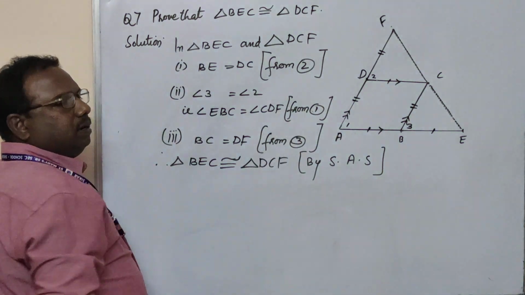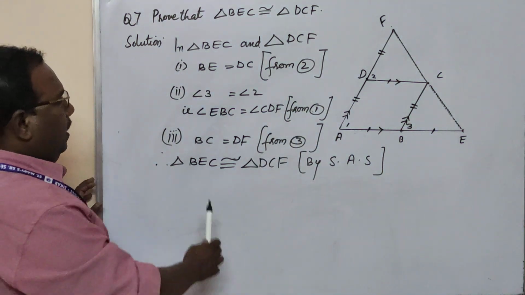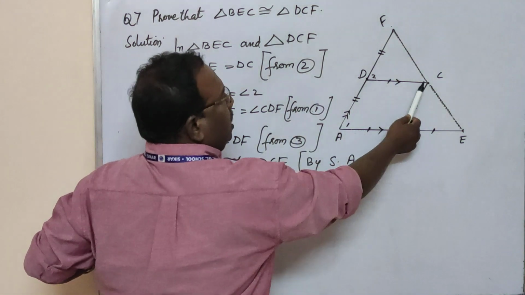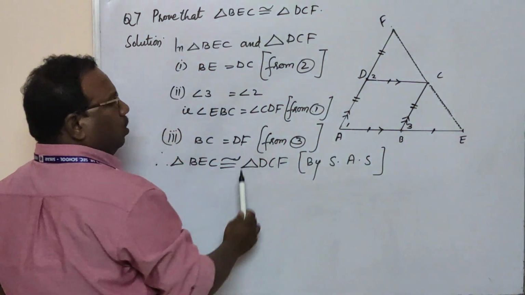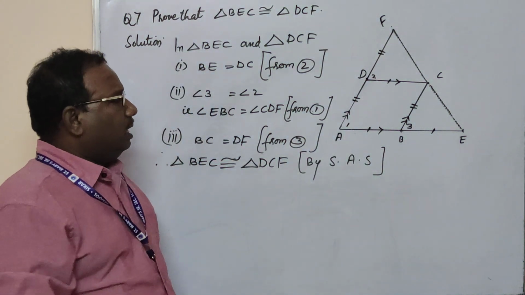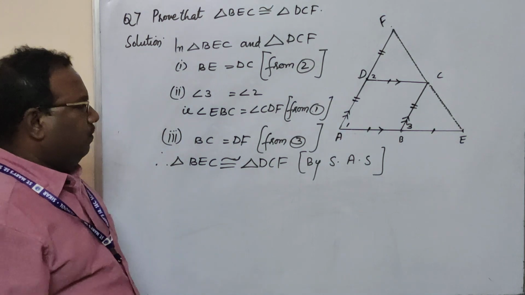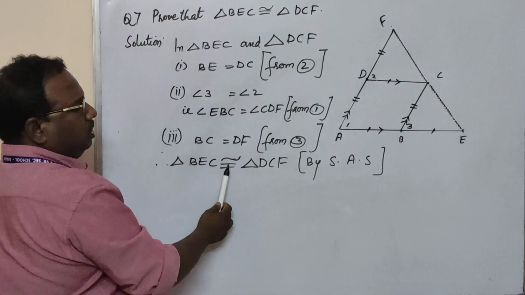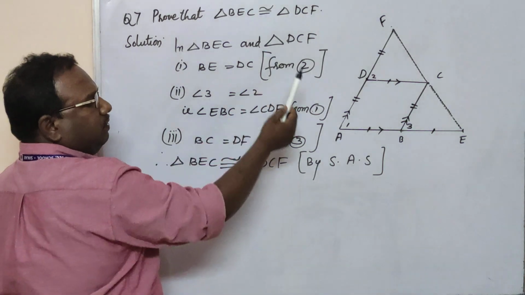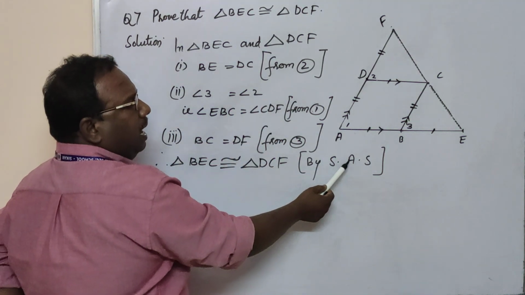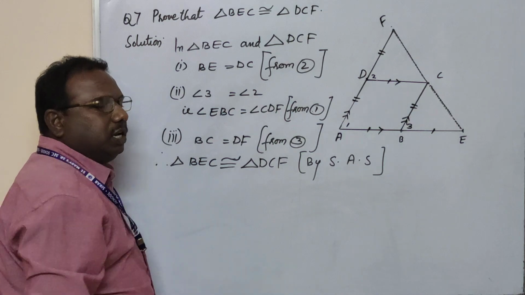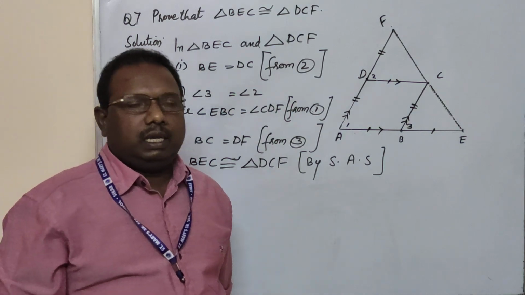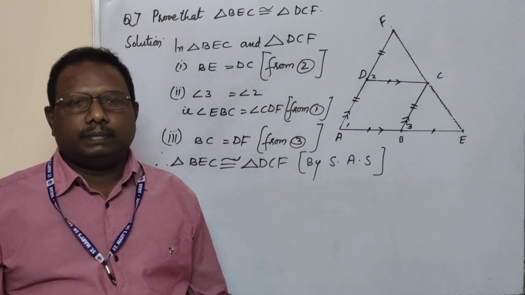We proved this in result 1. Then BC equal to DF. This also was proved in result number 3. Therefore, triangle BEC is congruent to triangle DCF by side criterion of congruency. This is the proof of this question.